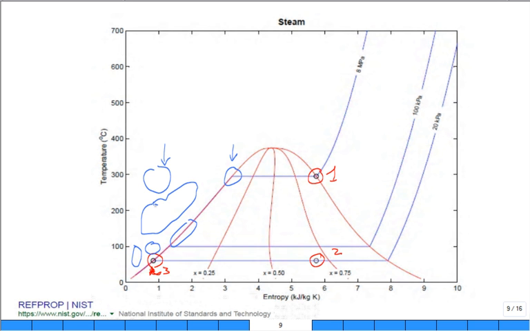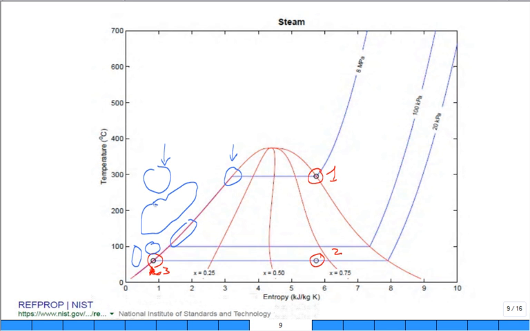Hey, it's somewhere out there. I'm just going to lay it out there and you pick. Of all of those, which one do you really think is where state 4 is?